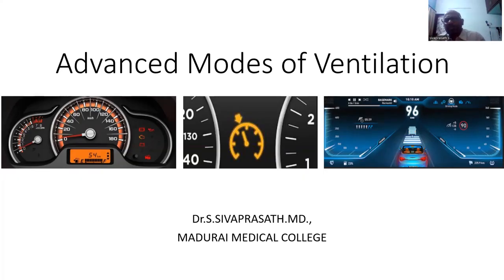The third is the ADAS, where your car will control everything, even if the road has bad turns or traffic. So this is how the world is evolving, and ventilation is also like this. It has evolved a lot. So we should know where you can use these advanced modes and how it will be helpful for you.